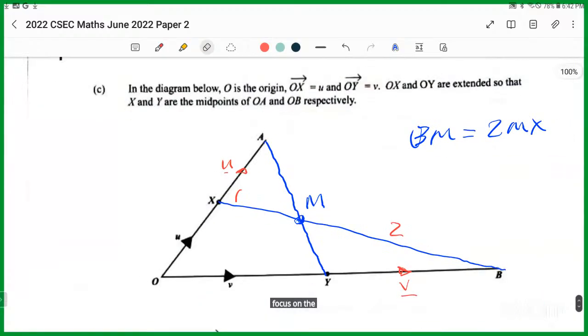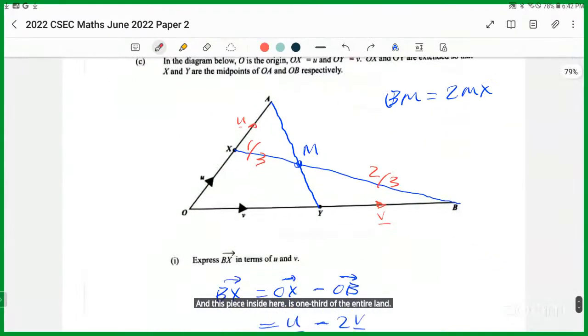It's a 2-to-1 ratio. So this length is 2/3 of the entire length up here, and this piece inside here is 1/3 of the entire length. Remember, we know BX.